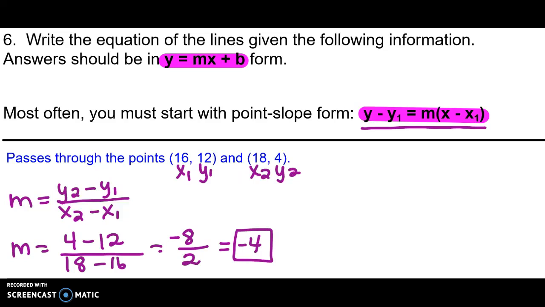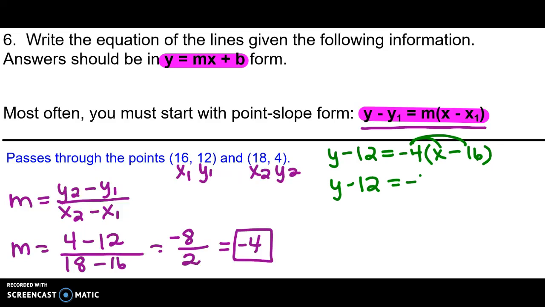So we're going to start with y minus y1, which is 12, equals the m, which we just calculated to be -4, times x minus 16. And our first step will be to distribute the -4. y minus 12 equals -4x plus 64.